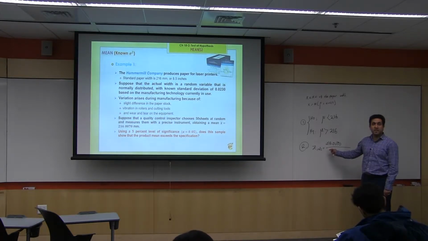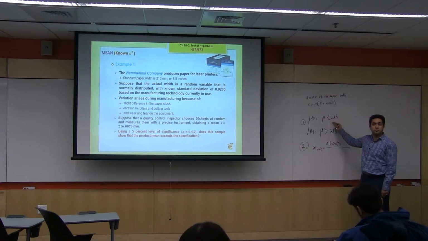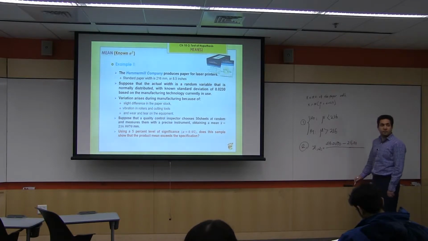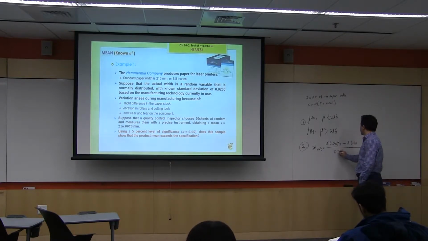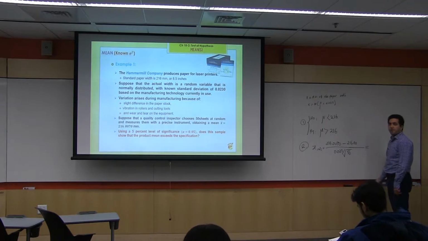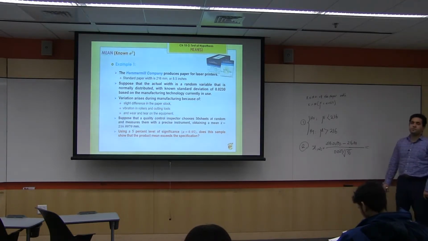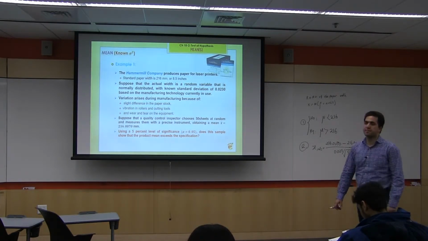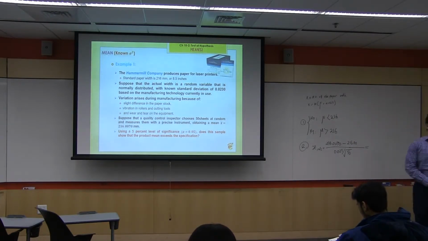And I'm testing this against the true population mean, which should be 216. This is the mu that we are testing. So it should be minus 216.00 over sigma, which is 0.023, over square root of n, which is 50. The answer is 2.152.